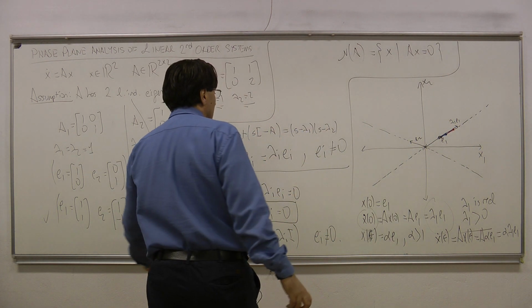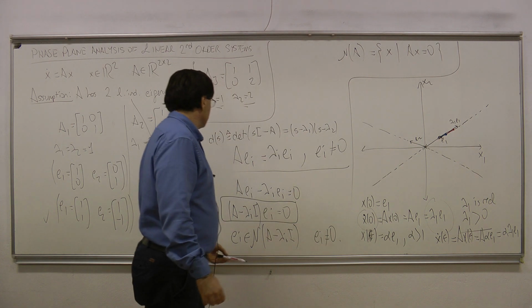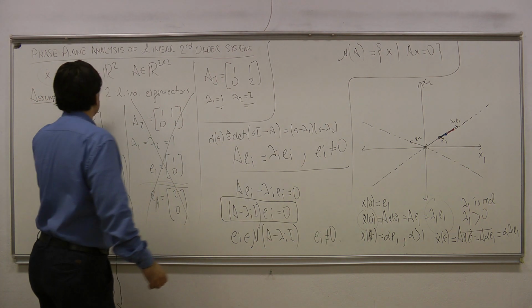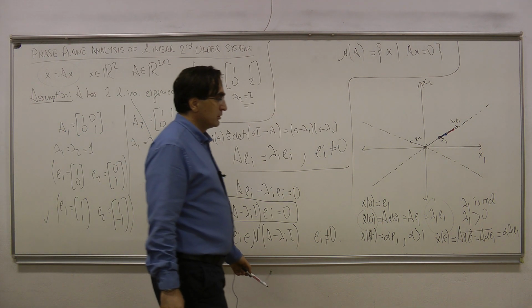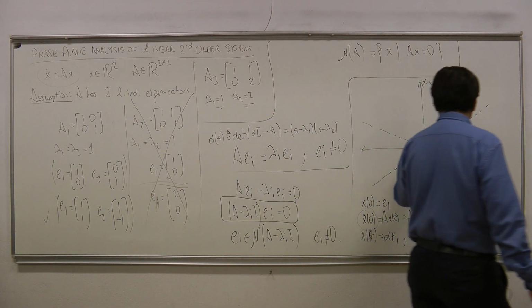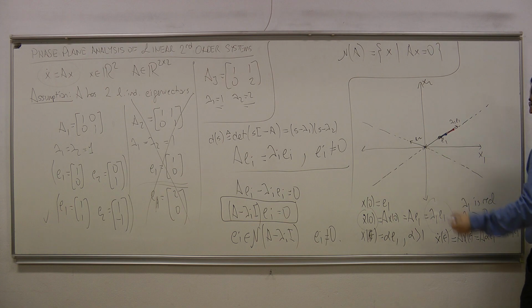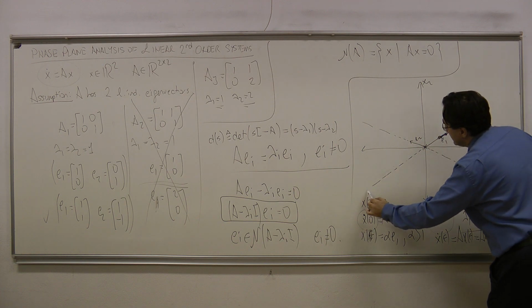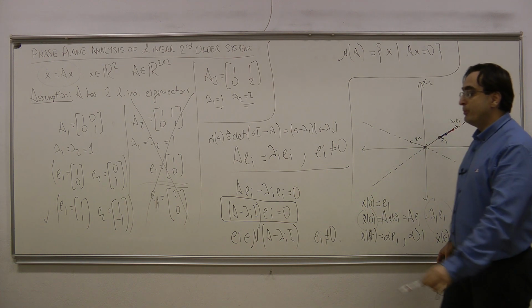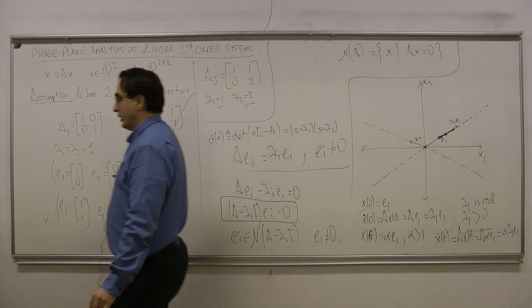Why is that? Because for this system, x equals 0 is always an equilibrium point. And when we reach x equals 0, the state is going to remain there. So the motions on these lines of the system would be very important for us.